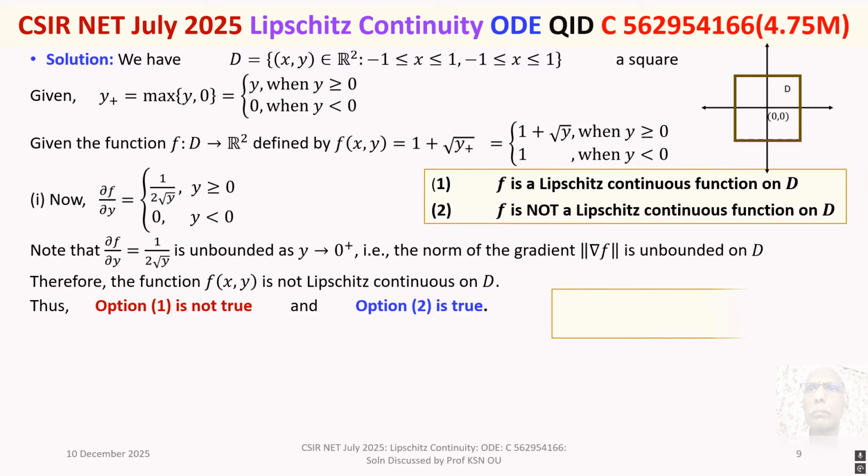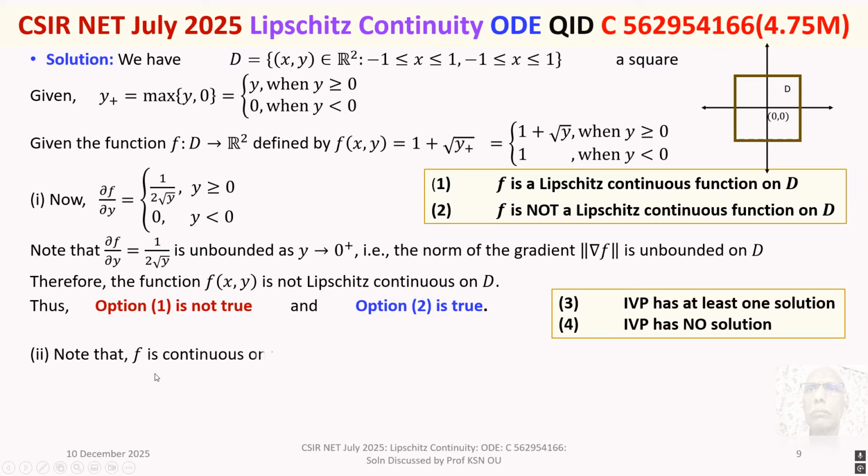Let's call options 3 and 4. Option 3 says the initial value problem has at least one solution. Option 4 says it has no solution. Agreed. Now, note that f is continuous on the rectangle D. Yes. Why?